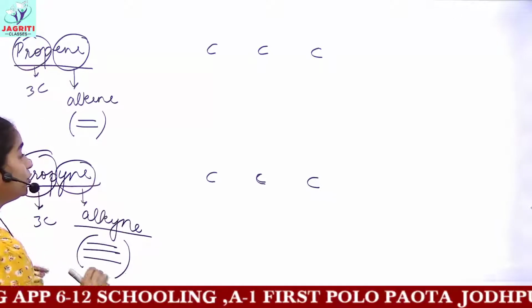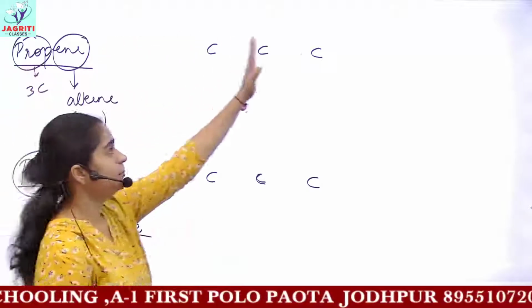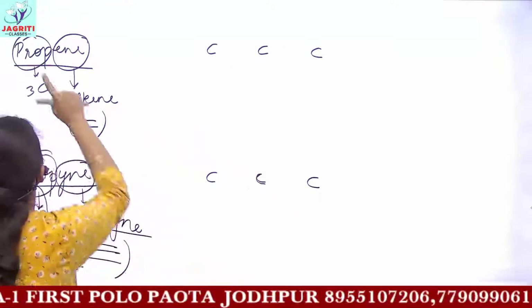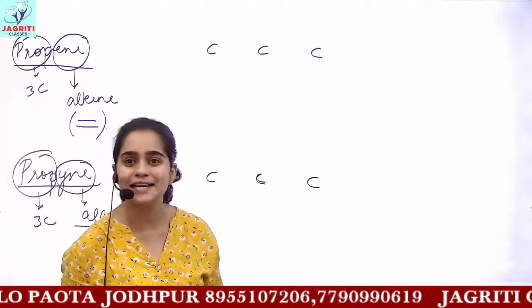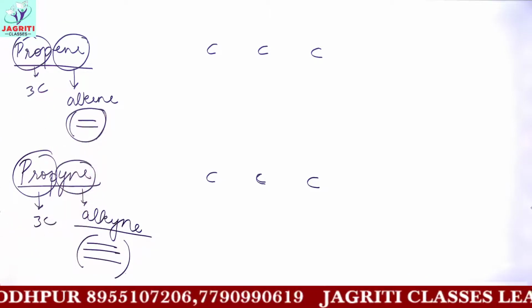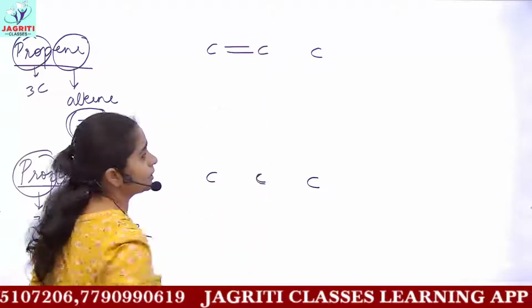So what do you do? Firstly, the first step is the same. Make the number of carbons you have to include in your structure. Because we have prop here, prop means 3 carbons, so I have included 3 carbons. Now next, if you have a double bond, then put one double bond between your first and second carbon.